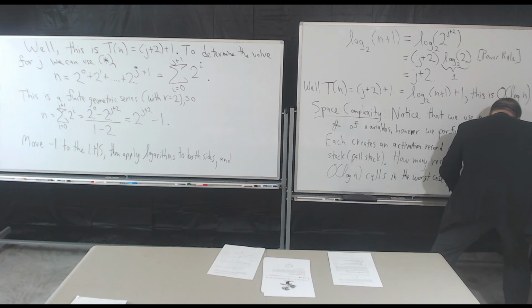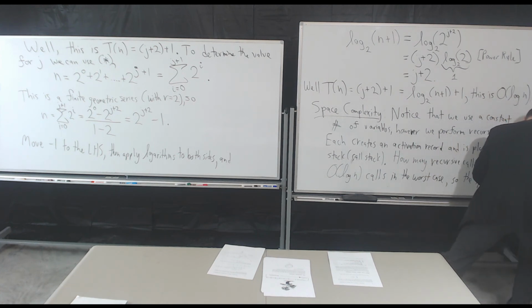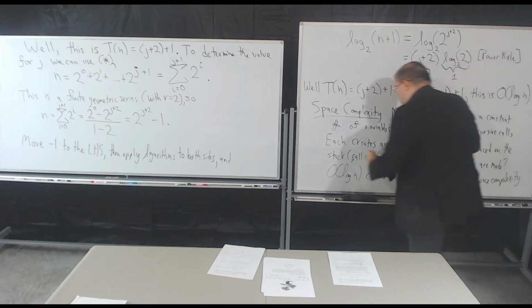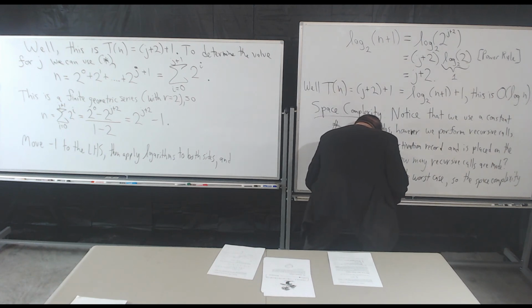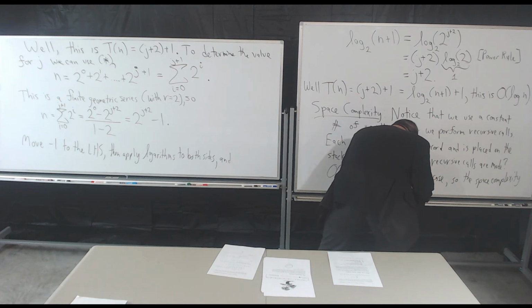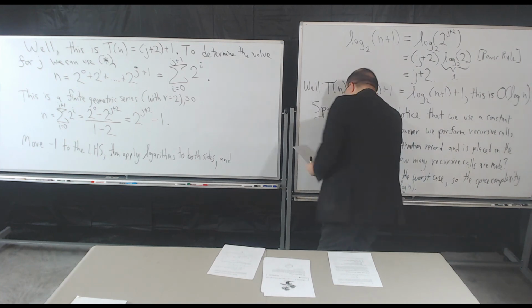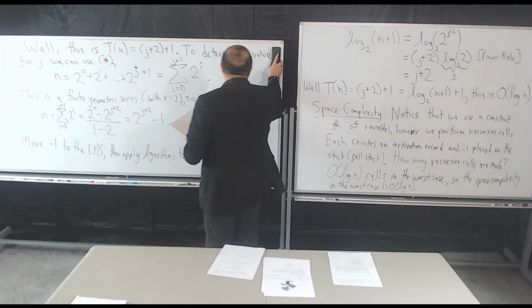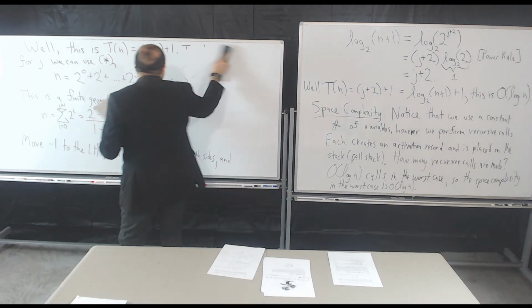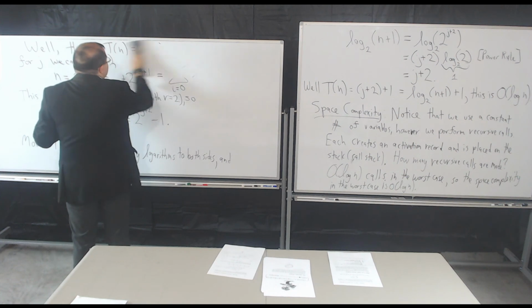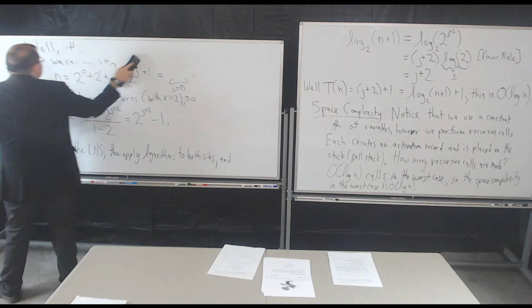So the space complexity in the worst case is big O of log n. And we're done. See, I put all the brunt of the work into us doing the analysis for the time complexity because it kind of gives us a space complexity for free. Now, I should make a couple of remarks.